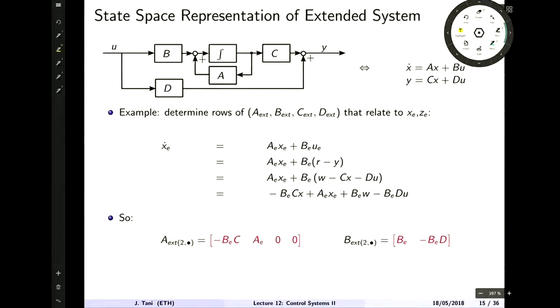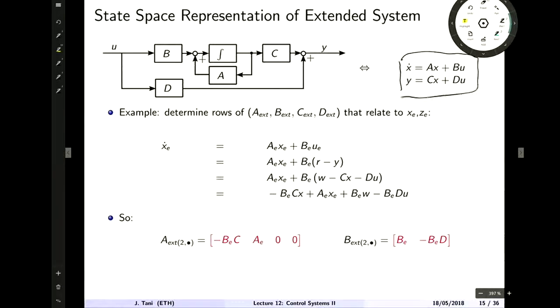Now, how would we practically do that? I want to give you one example so that you understand how it's done, and then you can do the rest at home, it should be clear afterwards. So remember that an LTI system, which we have here, has a flowchart representation which is like this. Now how would we find XE dot?